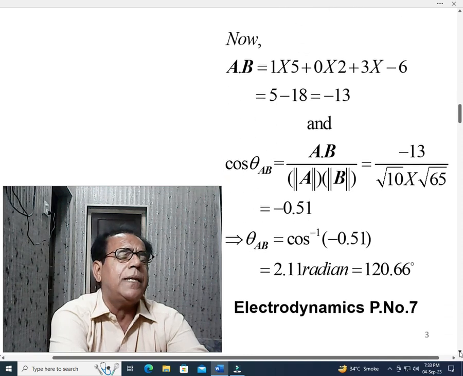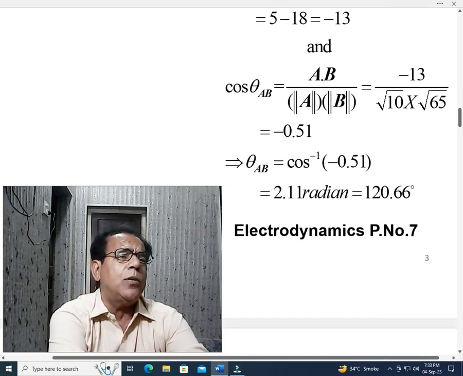Similarly, cos theta AB equals the dot product of A and B over the magnitudes of A and B. We can denote it by a single bar also. Minus 13 over this becomes equal to minus 0.51.